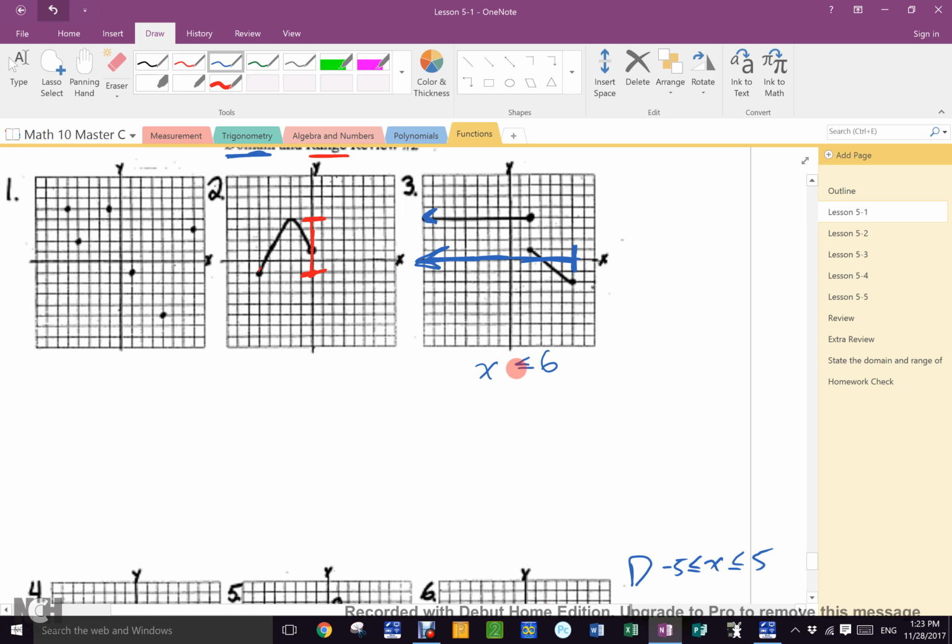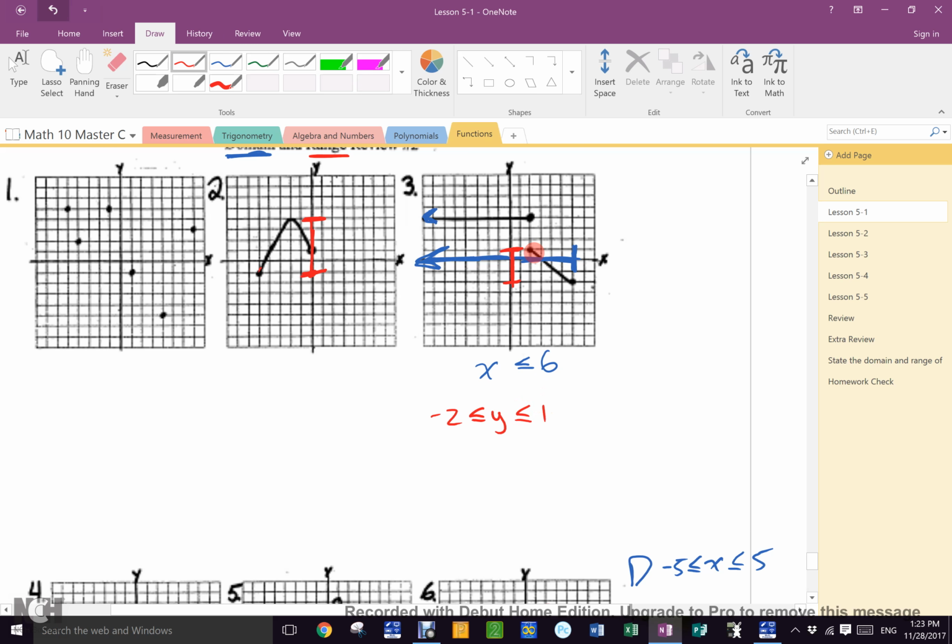You good? Okay, now, range. I only care about the up and down. So there's a range value right there, right? What is that? -2. Is that a closed dot? So is it included? Yep. So -2 less than y, and it goes up to what? No, that's positive. +1.